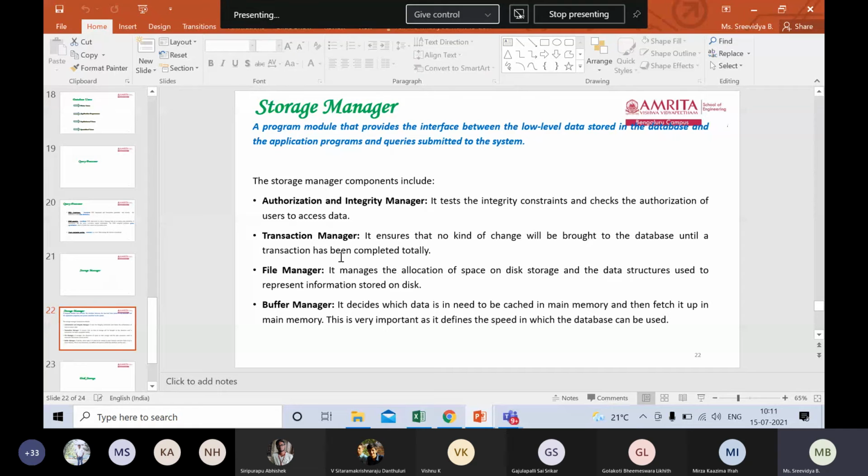Then you have transaction manager. The moment I talk about transaction manager, the first thing that you should recall is atomicity. What is atomicity? Atomicity is: complete the entire transaction, or revert back to the state where you had started the transaction.